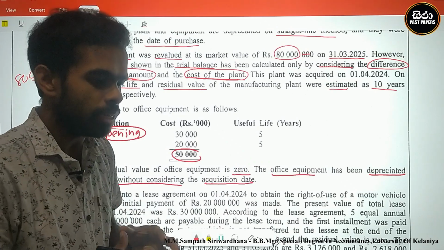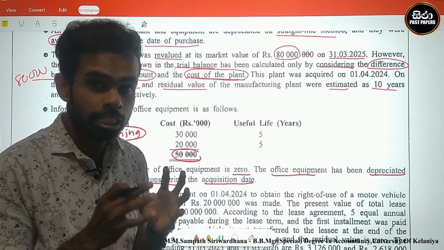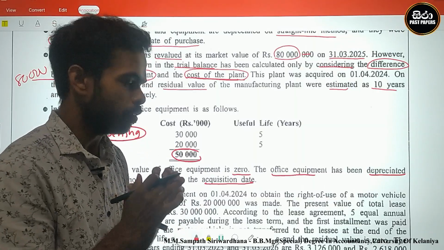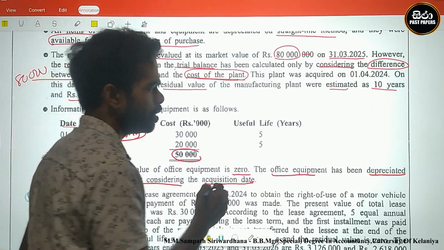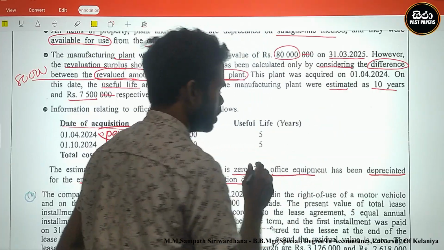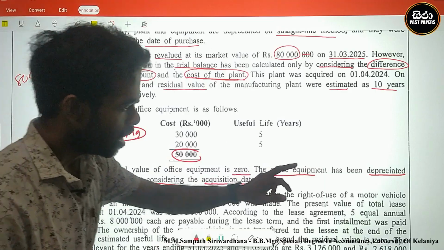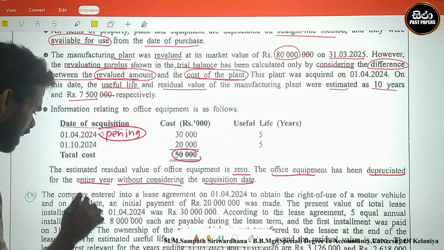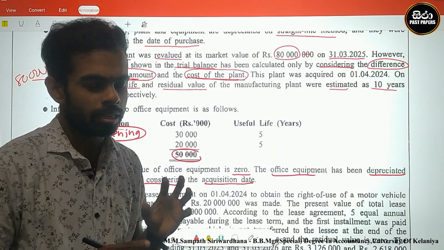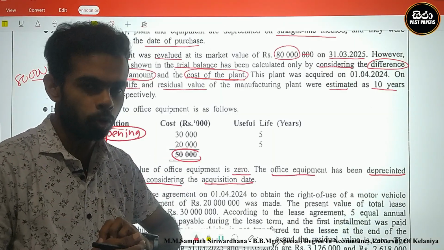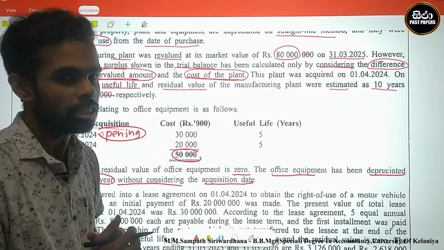Therefore I calculate the erroneous annual depreciation amount, depreciated for the entire year without considering these dates. I prepared the entire year's wrong annual depreciation for office equipment.